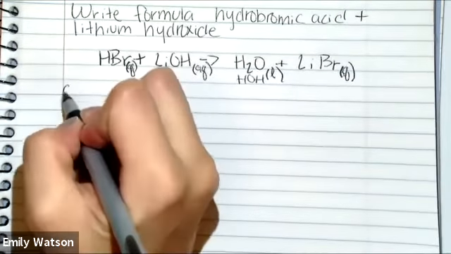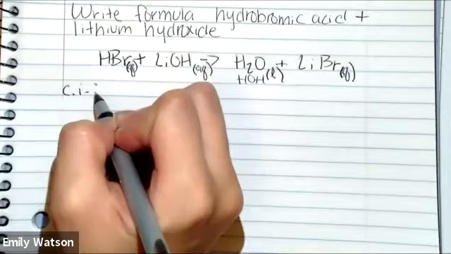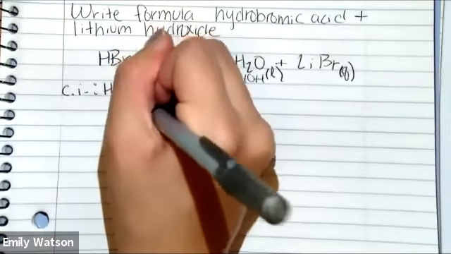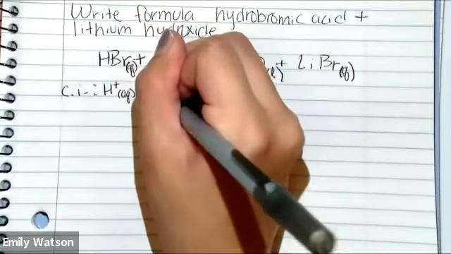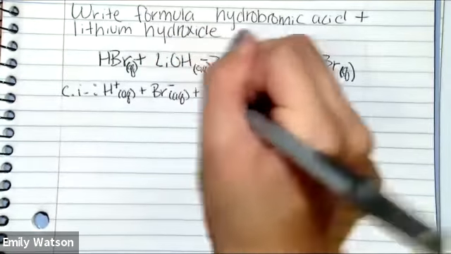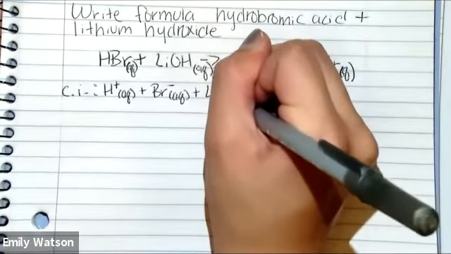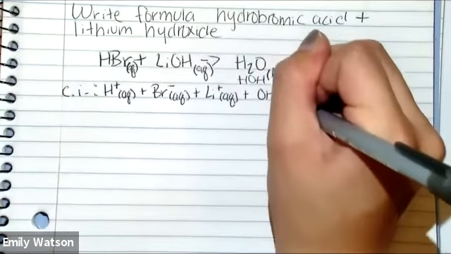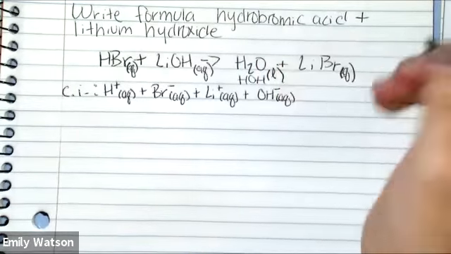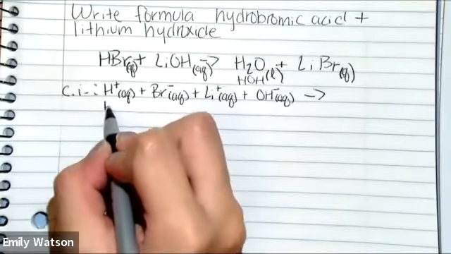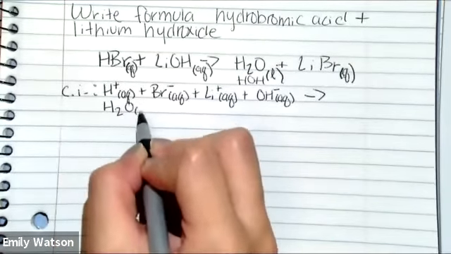So this is going to be complete ionic. We're going to have H plus aqueous plus Br minus aqueous plus Li plus aqueous plus OH minus aqueous goes to H2O liquid.